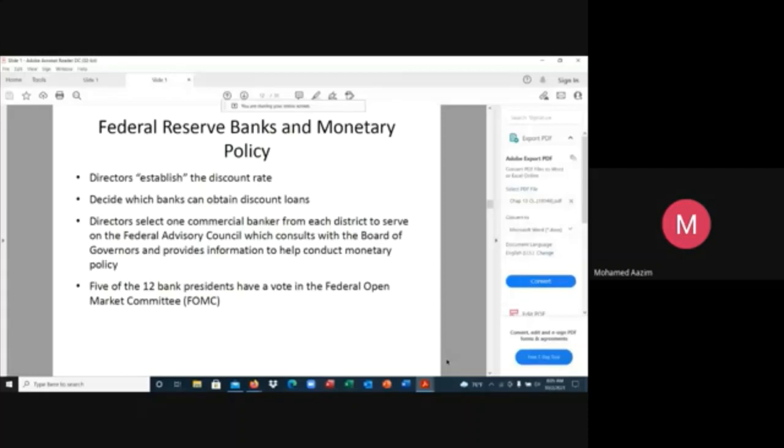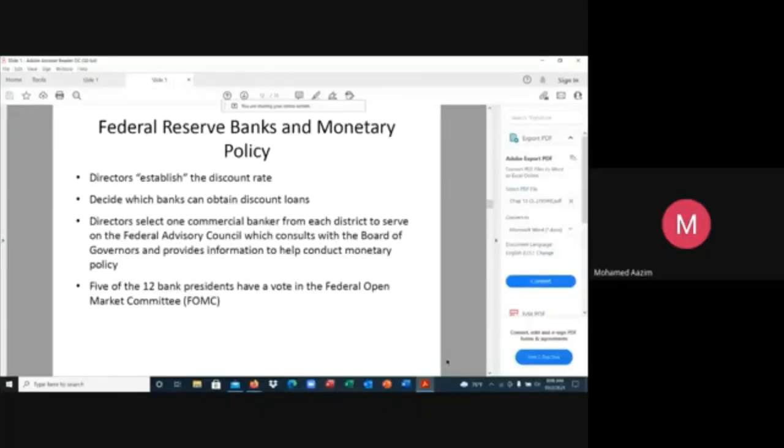And you also know the composition. The FOMC has 12 members: 7 members of the board of governors, plus 5 presidents of Fed Reserve banks. You have 12 Fed Reserve banks.